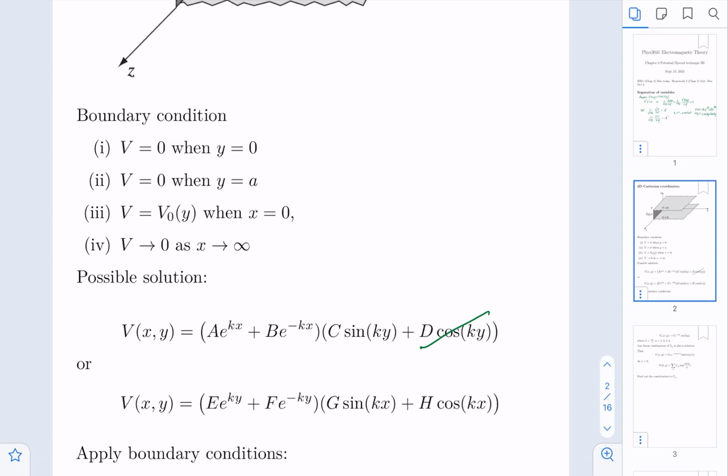On the other hand, this term and this term cannot satisfy it, because these two always have a finite number.